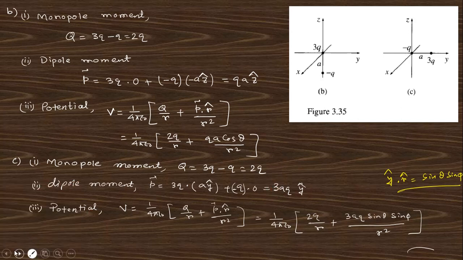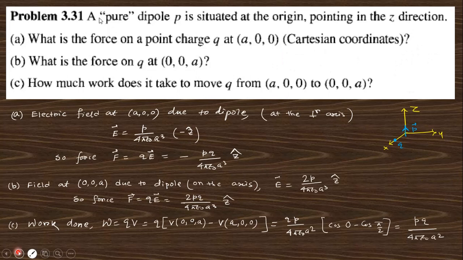Clear? Next question, which says that a perfect dipole p is situated at the origin, pointing in the z direction. What is the force on a point charge q at (a, 0, 0)? Okay, so you can see there is a dipole pointing along the z axis, and you need to find the force on this charge at (a, 0, 0), right?